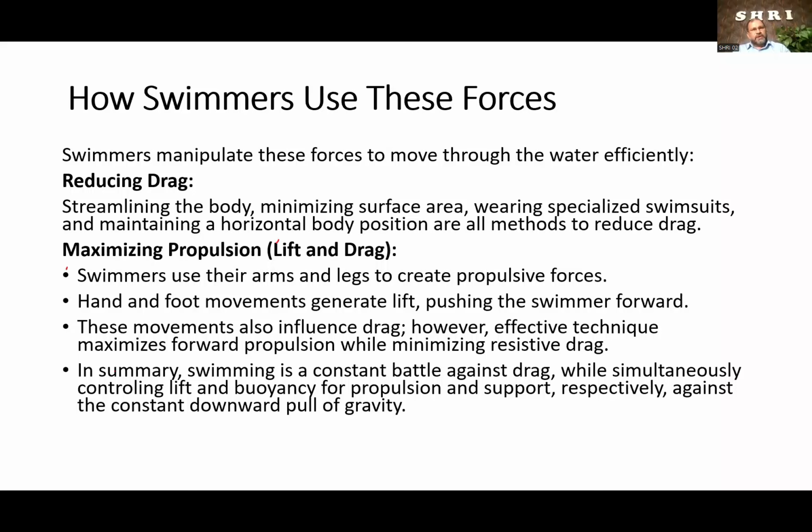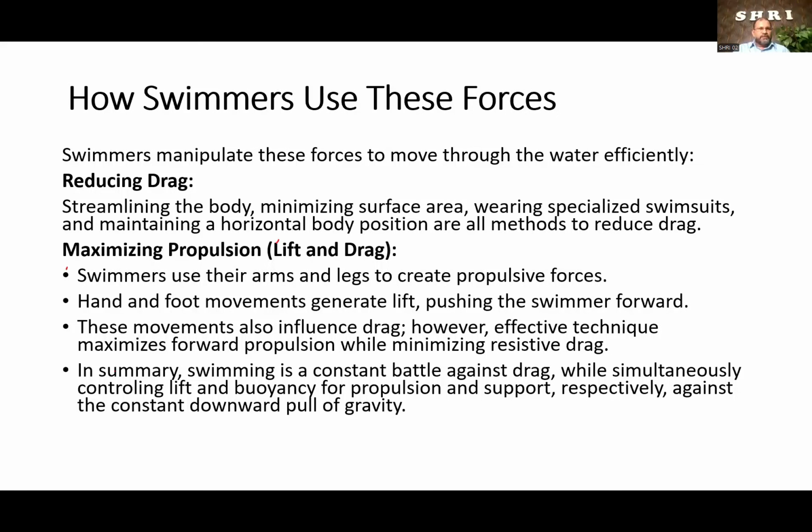Then the second one is maximizing the propulsion. So how to maximize the propulsion? We must use our arms and legs to create propulsive forces. Mainly the arms are used for the propulsion. That is 80 to 90% in freestyle swimming. Hand and foot movements generate lift, pushing the swimmer forward.